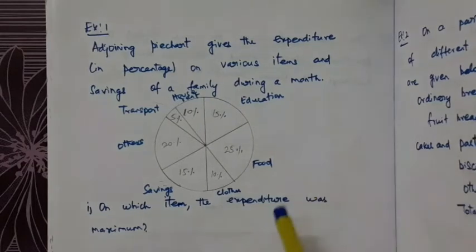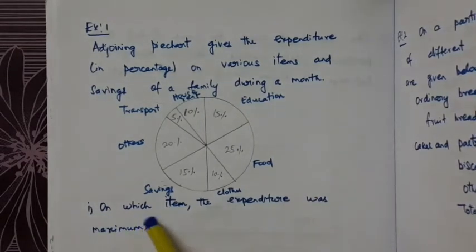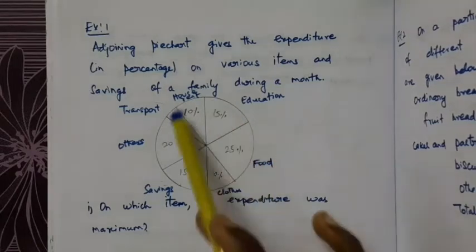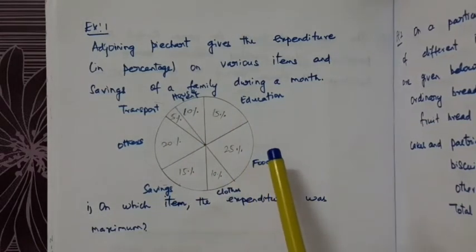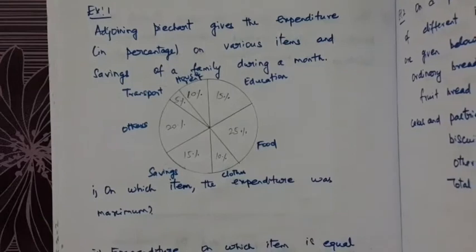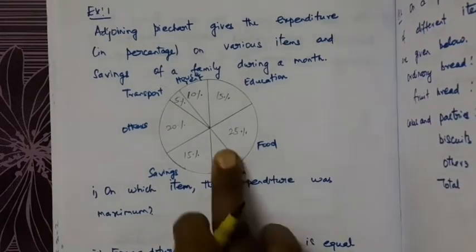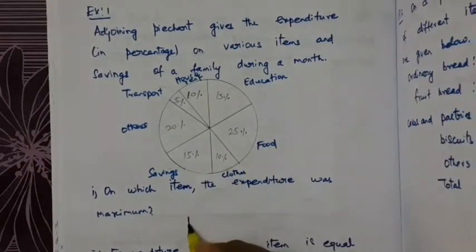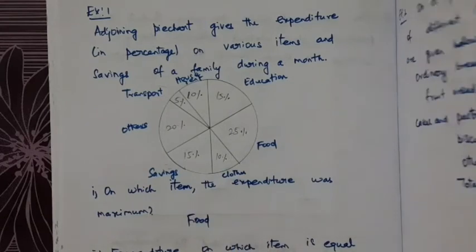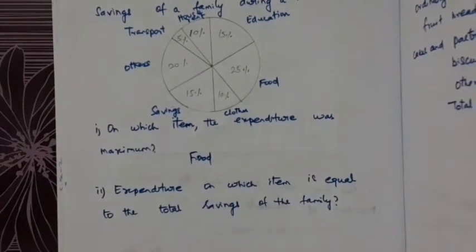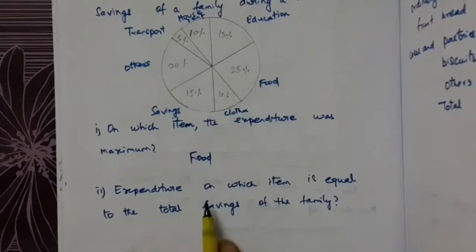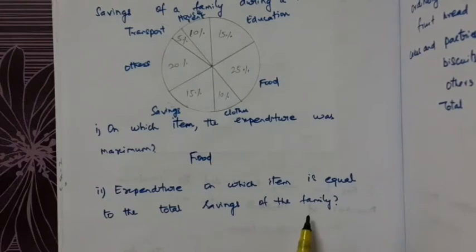Okay, now the question asks this, on which item the expenditure was maximum? That is, out of this, on which item they are spending more amount. So if you see, that is 25% food. So they are spending more amount on food. The second question is, expenditure on which item is equal to the total savings of the family.